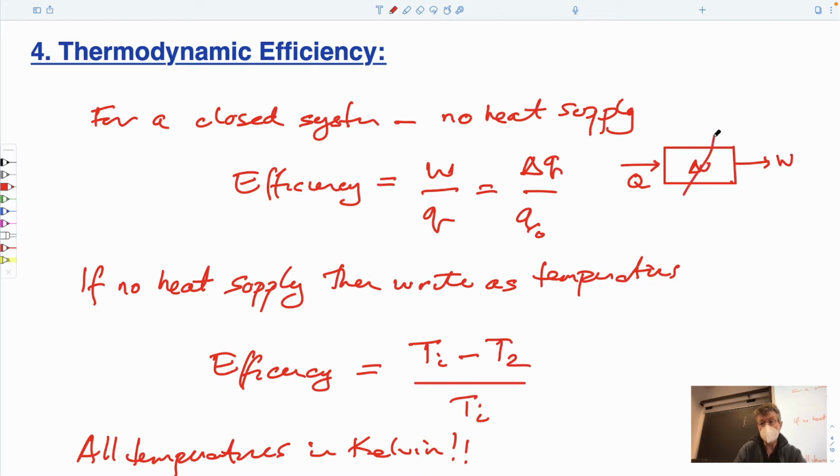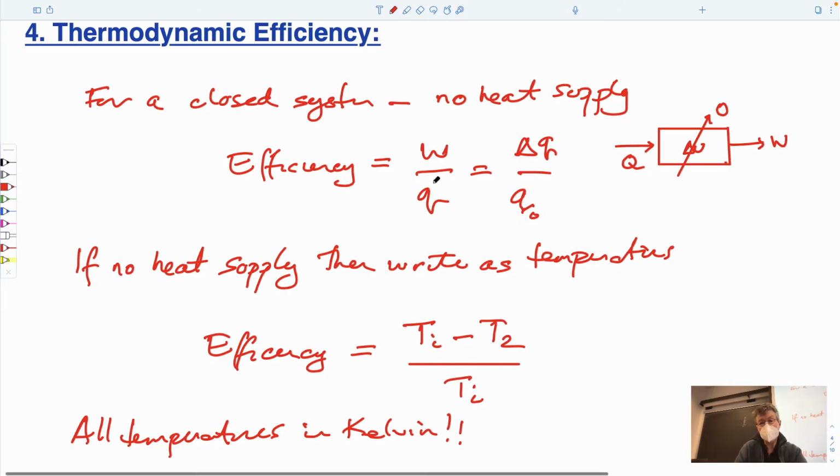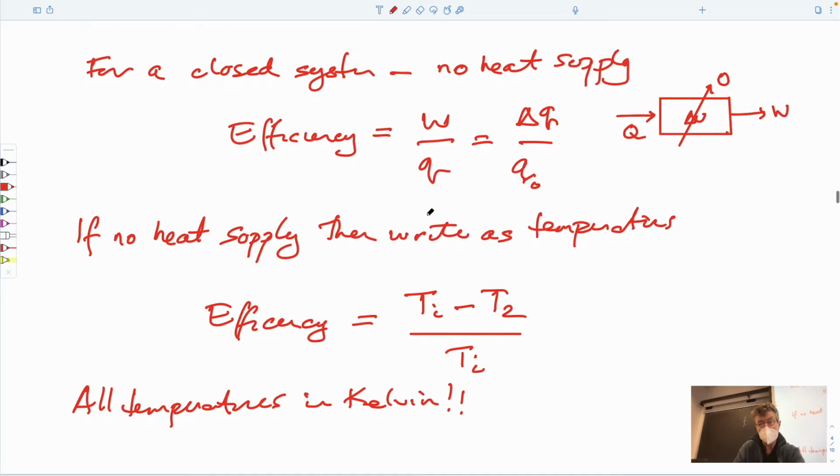If there is no net accumulation of energy in the system, then they have to be equivalent to each other. But it's not a perfect conversion because it's not 100%. So the efficiency of the system is really defined as how much energy you put in and how much work you get out of the system. It's never 100%, and so you can define it in terms of these relative quantities here.